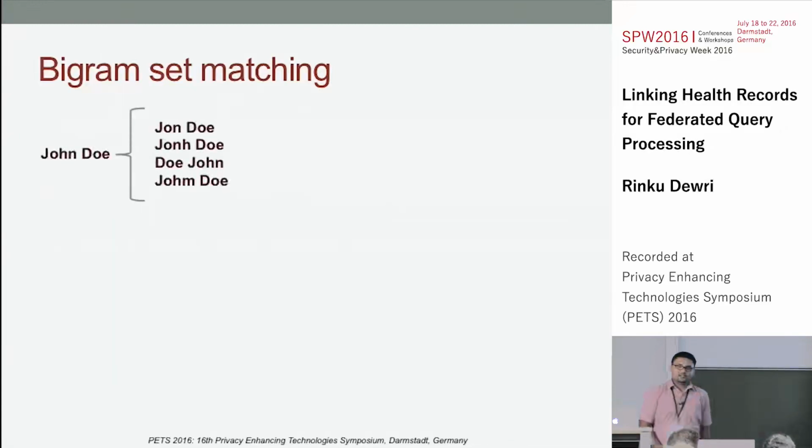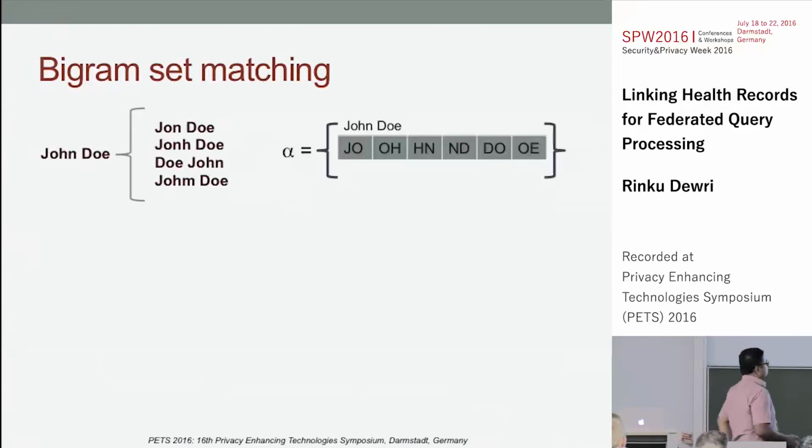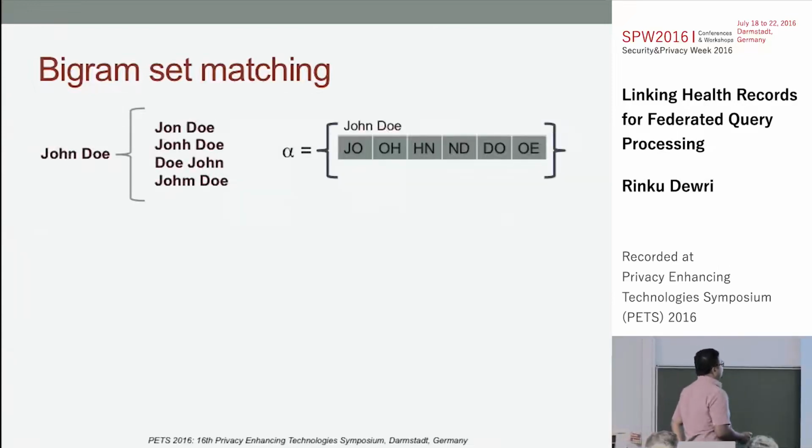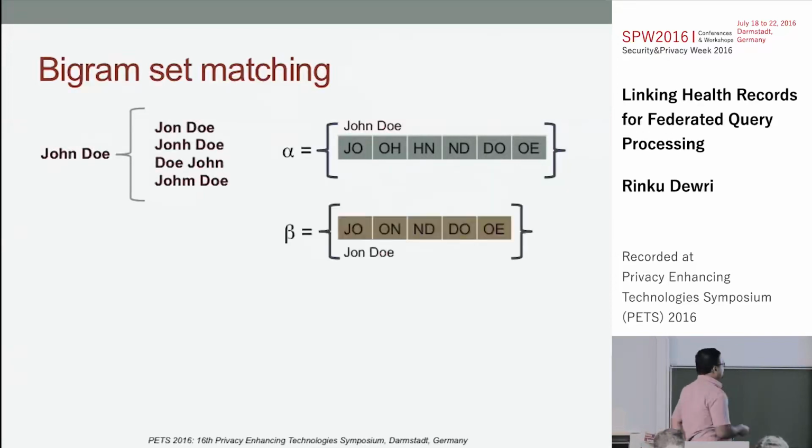But all of these names are about the same person. The technique commonly used is bigram matching. You break the string into bigrams of every two subsequent characters, and do that on both sides.